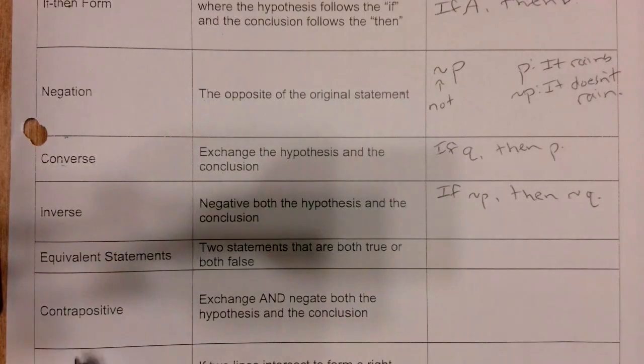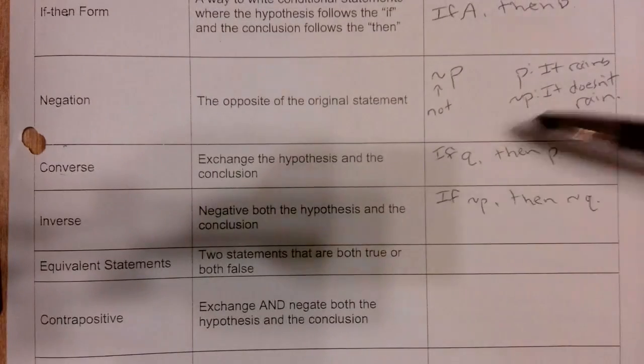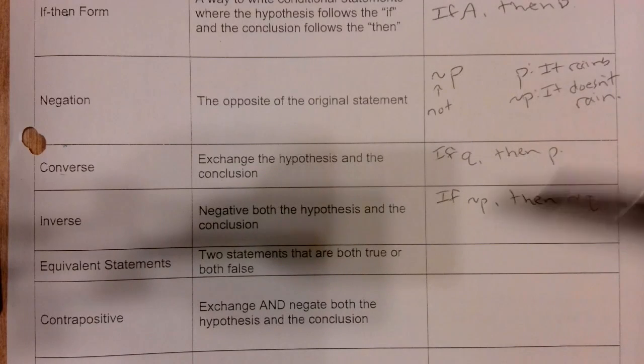Now, equivalent statements are statements that are both true or both false. If you have two different phrases that happen to both be true, then we call them equivalent. The next important word, though, is contrapositive. This is where you switch and you do both, the converse and the inverse.